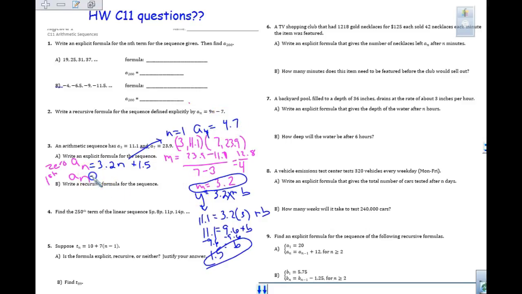I would then go to this equation and put 3.2 times n minus 1 plus 4.7. If you use point-slope and you had n minus 3 here or n minus 7, this has to be n minus 1 in order for it to be the explicit formula. It has to be like the previous one. So the easiest one, I think, is with the 0 form, where you are simply leaving it just like this. That counts as slope, that counts as explicit.